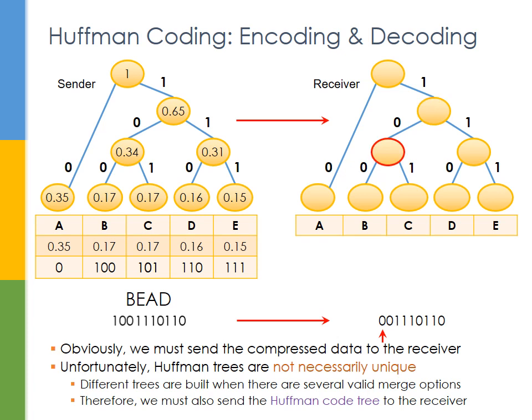This indicates we need to traverse to the left, so we move down another level, discard the 0 bit, and move on to the next 0 bit, which means that we need to traverse to the left of that node. Now we've reached a leaf node, associated with the symbol B, which we add to our decoded data. Now we discard the 0 bit and move back to the root of the tree again.